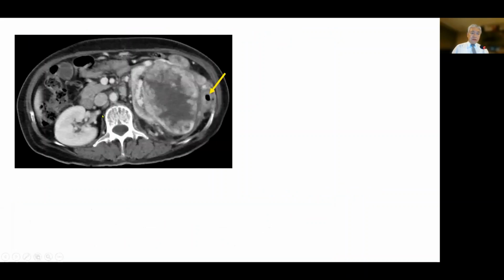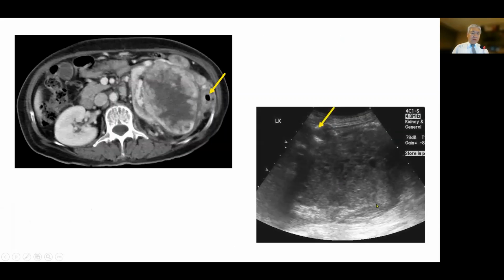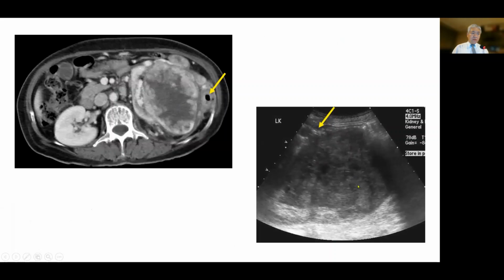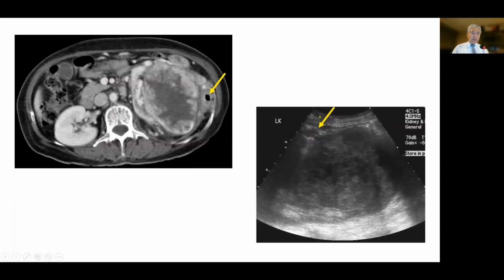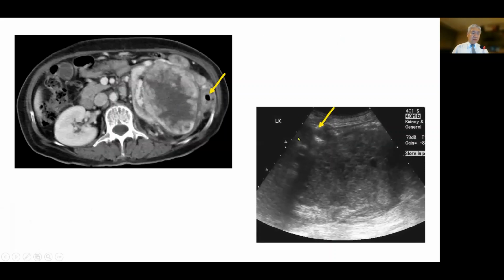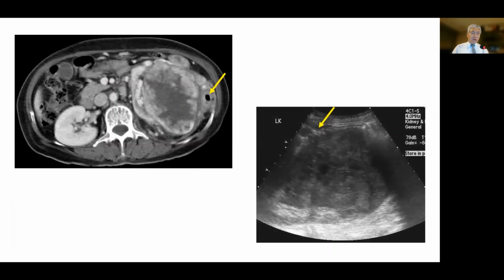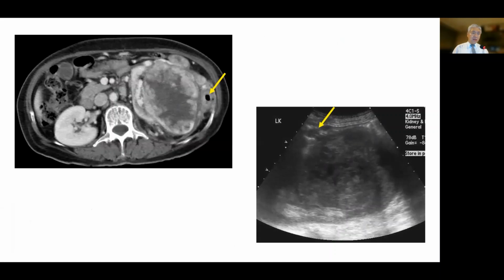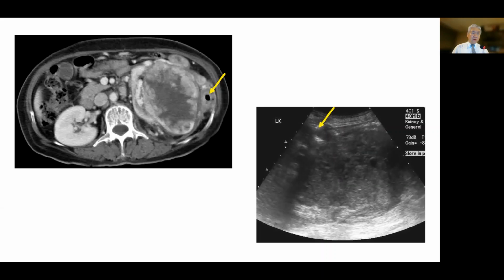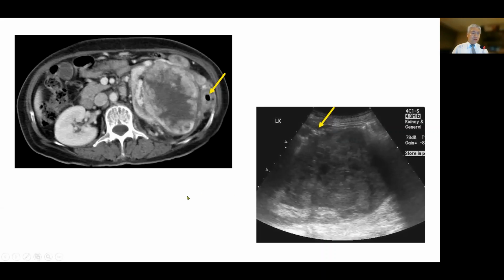Here's a large renal cell carcinoma in the left kidney, CT, and descending colon may be involved by the tumor. The real-time ultrasound shows that the renal mass and the descending colon move together with respiration, so no sliding, indicating invasion of the colon, which was confirmed at surgery.